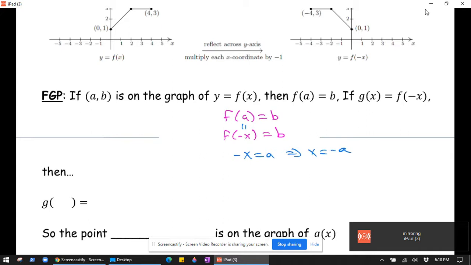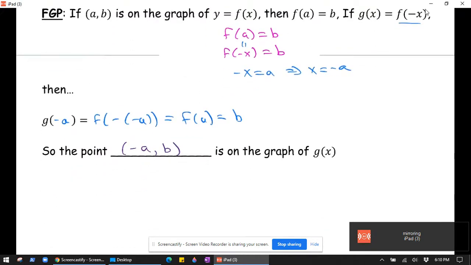And so what that tells us is that g of negative a, according to the rule, is equal to f of negative negative a, which is equal to f of a, which is equal to b. So that reasoning on that one point tells the whole story. It tells us that on the graph of g is the point negative a, b.